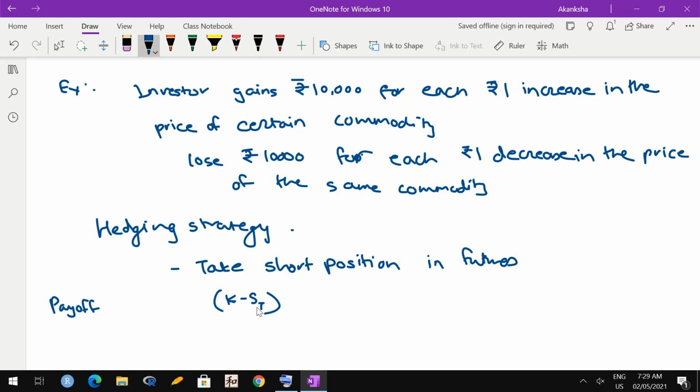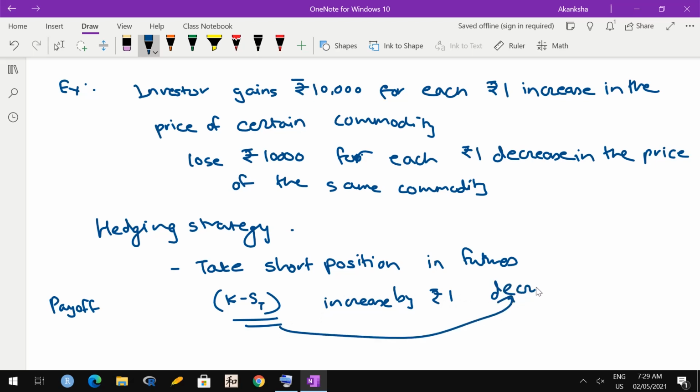So if market price increases, then what happens? If market price increases by 1 rupee, then your payoff decreases by 1 rupee. Correct?